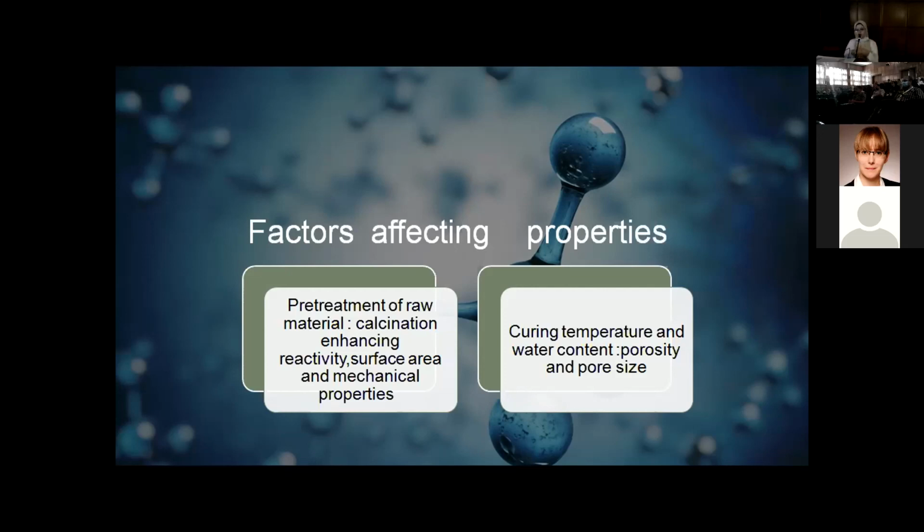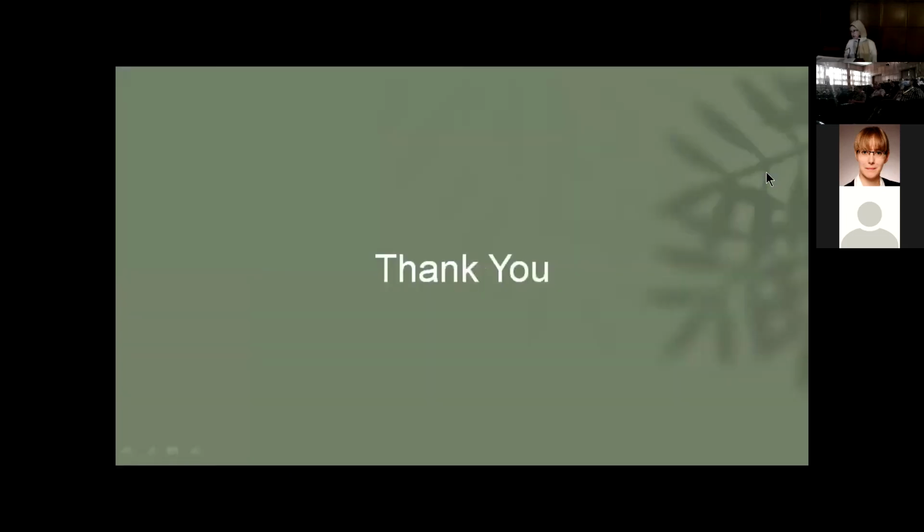Calcination also helps improve the reactivity of raw materials, transforming them from a crystalline phase into an amorphous reactive phase. Also, curing temperature and water content, in addition to additives, can control the porosity and pore size of the geopolymer. That's it. Thank you.